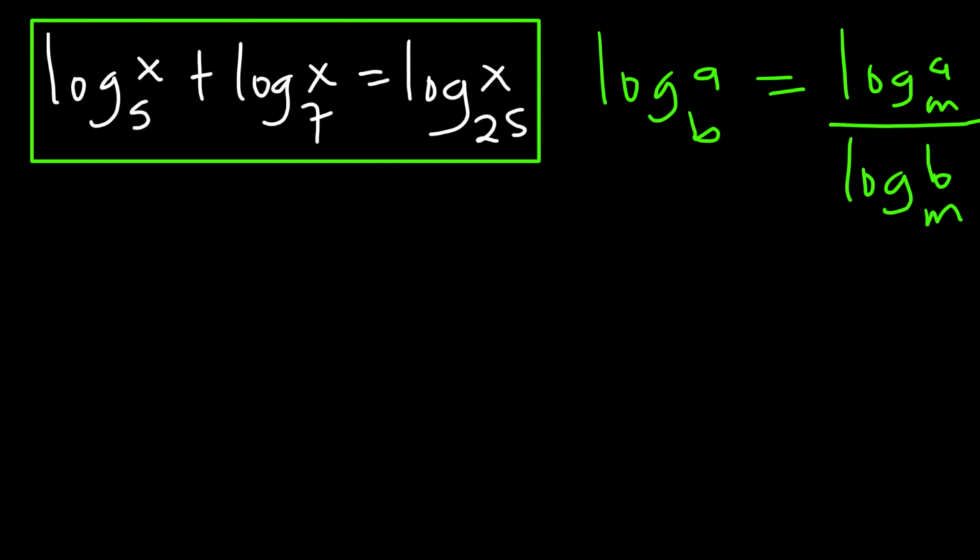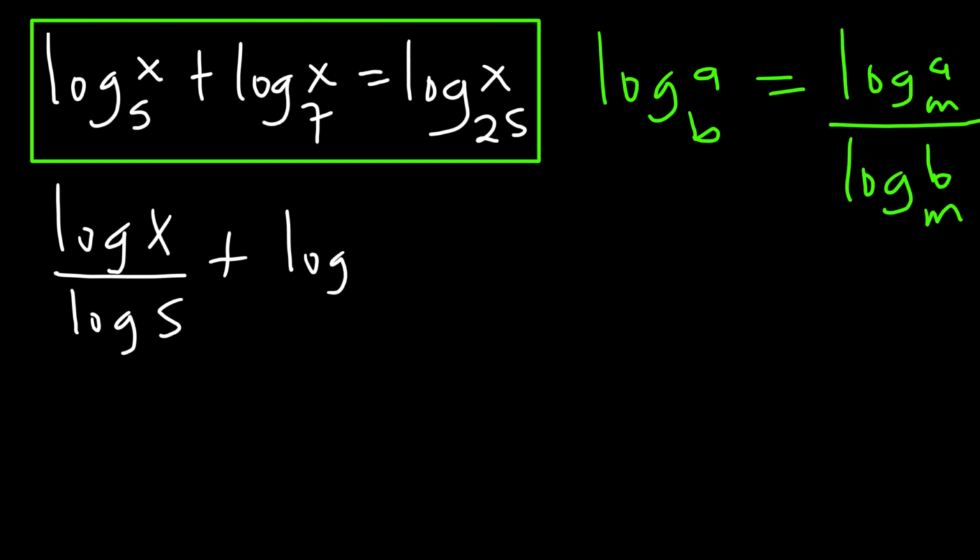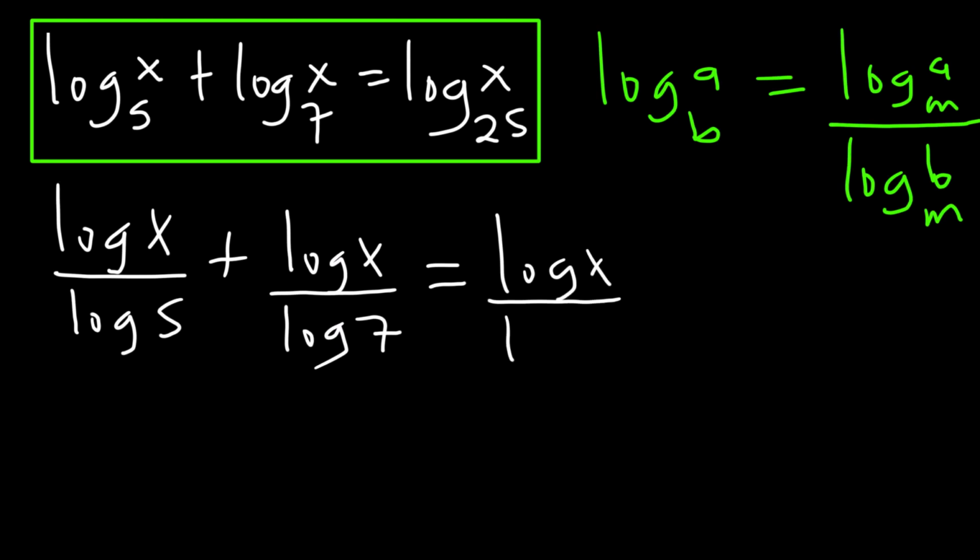So in our case, if we introduce base 10, we shall have log of x divided by log of 5 plus log of x divided by log of 7 equaling, we shall do the same thing on the right hand side. So we shall have log of x divided by log of 25.